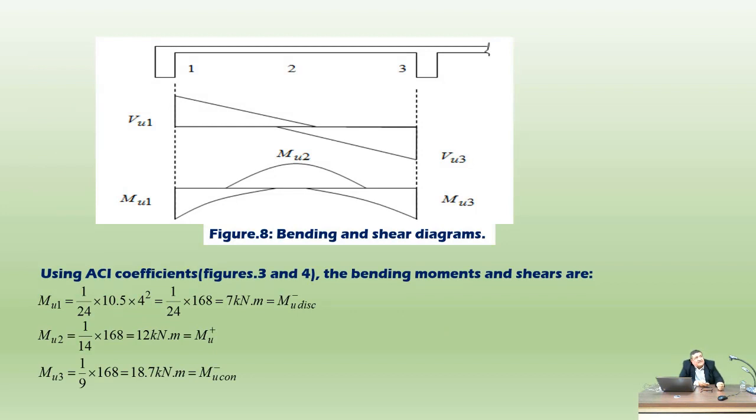The critical shear force is at the face of the exterior beam and at the face of the interior beam, while the critical bending moments are the exterior negative bending moment, called here Mu1, the positive moment called Mu2, and the negative bending moment at the exterior face of the first interior support called Mu3.